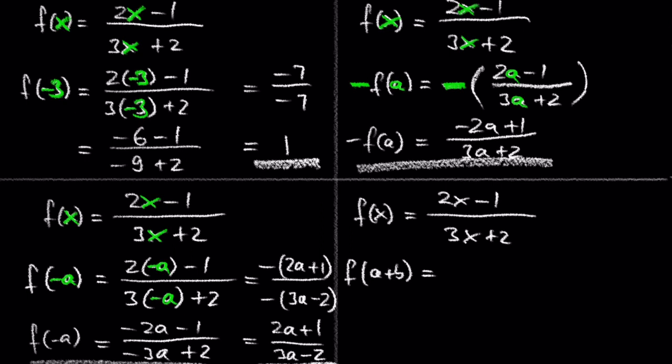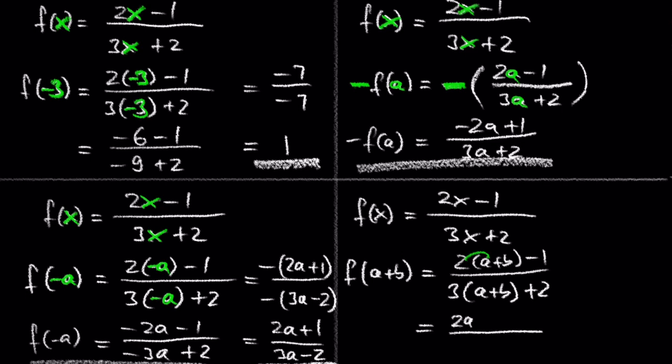In the last example, we have to plug in a plus b for x. So we can write f of a plus b equals (2 times (a plus b) minus 1) over (3 times (a plus b) plus 2). 2 times a is 2a, and 2 times b is 2b. 3 times a is 3a, and 3 times b is 3b.